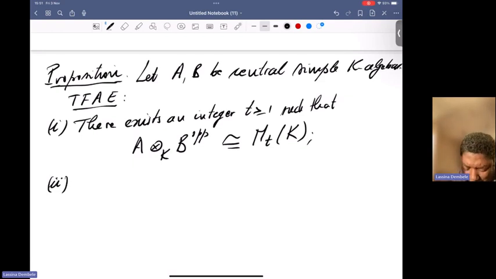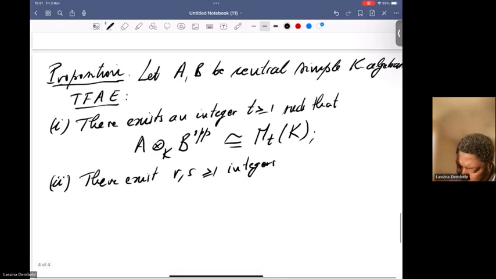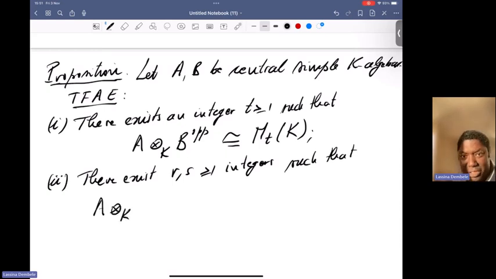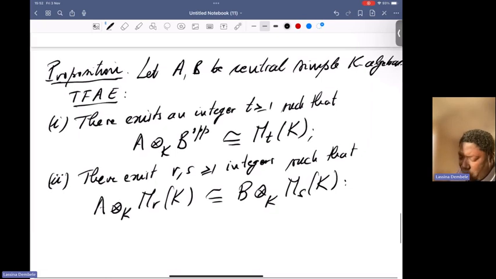The second condition says that there are integers r and s such that A tensor over K with the r by r matrices with coefficients in K is isomorphic to B tensor over K with the s by s matrices over K.